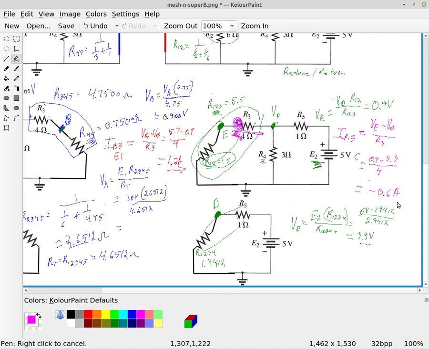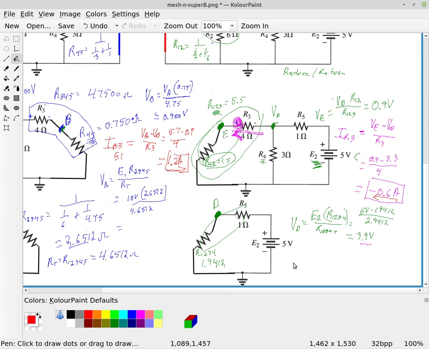All right, so here we have that current, and the negative sign comes from the fact that this one is going from right to left, and over here we had this one which was 1.2.